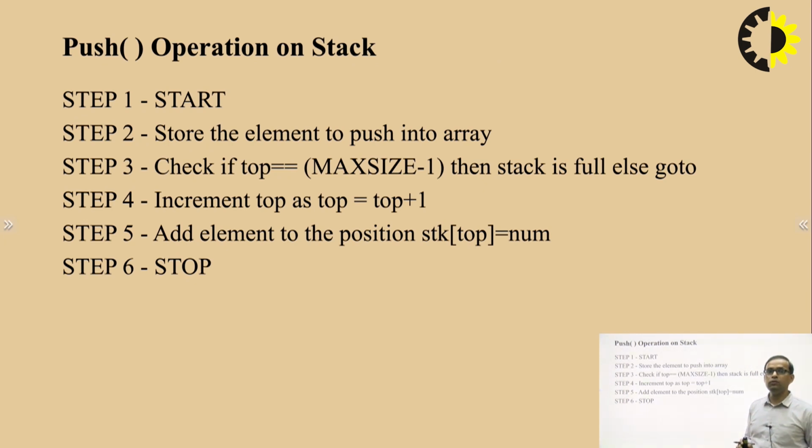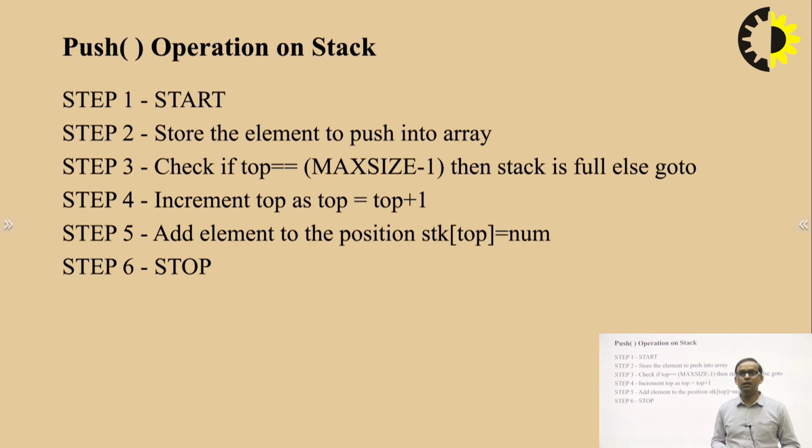But if the value of top is not 4, there is some space to insert the new element. So to insert the new element, at first we will increase the value of top by 1. Suppose initially the stack is empty, and the value of top is -1. We are going to insert the first element. In that case top is equal to -1 plus 1, which is 0. So the first element will be inserted at index 0.